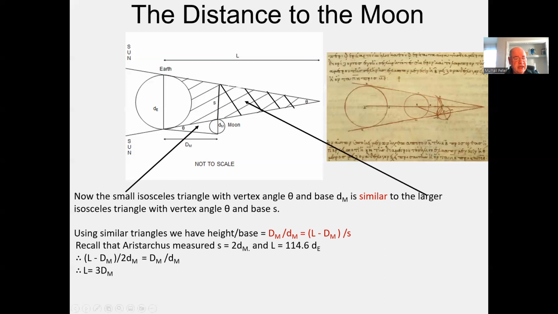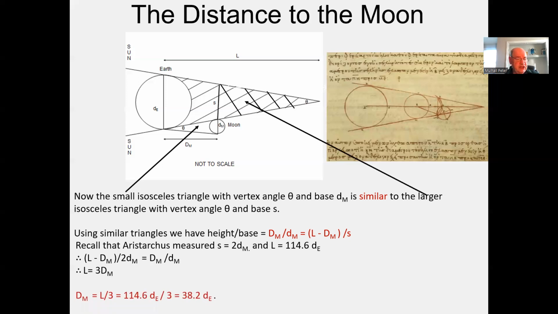Let's multiply up, bring the 2 D m up. The D m's will cancel and we'll wind up with 2 D m. Let's bring this 2 D m over to make 3 D m, and L is simply 3 times D m. For you not math types, take my word for it. We just solved this little equation. If L is equal to 3 times D m, then D m is a third of L.